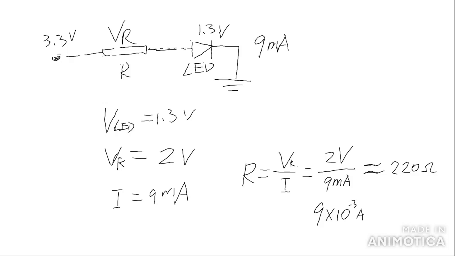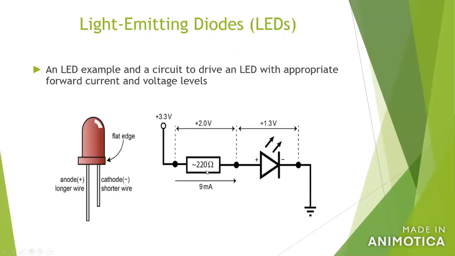If we go back, you can see that it's 220 ohms. So in the future, if you want to design your own circuit that uses an LED to work as a signal light, you can use this method to calculate the resistance of this resistor.